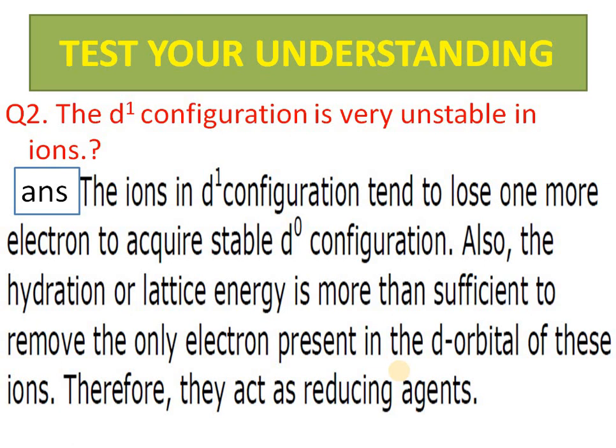That means the hydration energy released when that ion comes in contact with moisture is more than the energy required to remove the electron in ionization. So if they have a high tendency to lose electrons, meaning low ionization energy, they change directly from d1 to d0. That means they will be losing electrons, therefore they will act as reducing agents.